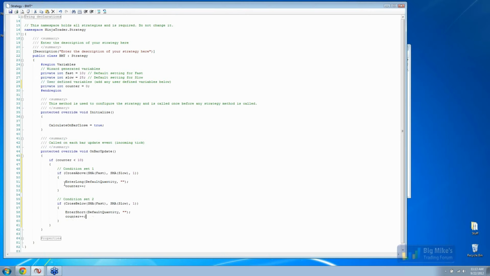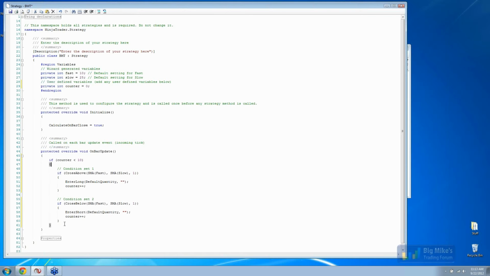So after our strategy makes 10 trades, the counter will be at 10, and then this if statement would no longer be valid, and then we would no longer be trading. So that's the first step in setting this counter here, trade counter basically.